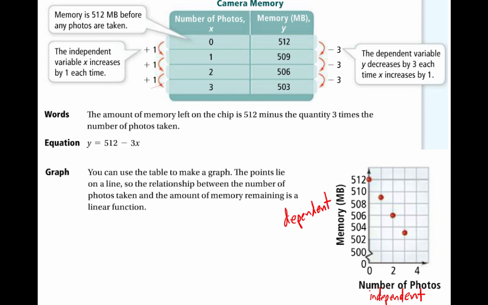So then our ordered pairs, when we go to plot 0, 512, we start on the horizontal axis with the independent variable, and then once we get over to that independent value, then we go up to the value of the dependent variable. Okay, so we go to the independent variable value, and then from there we go up to the dependent variable.